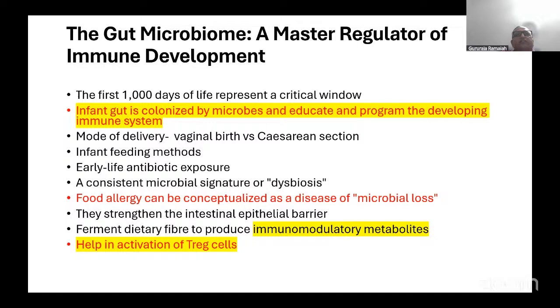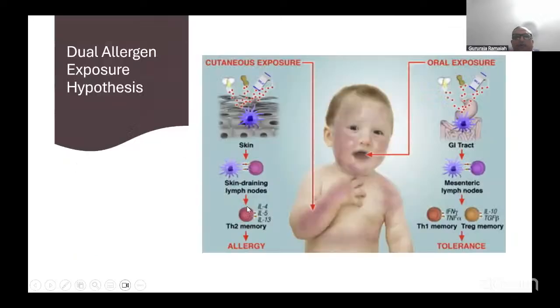Key perinatal factors like mode of delivery, vaginal versus cesarean section, infant feeding methods like breast milk, which contains complex oligosaccharides that help promote the growth of beneficial bacteria, and early antibiotic exposure all have a profound and lasting impact on the composition of the foundational microbial community. A microbial signature or dysbiosis has been identified in children with food allergies.